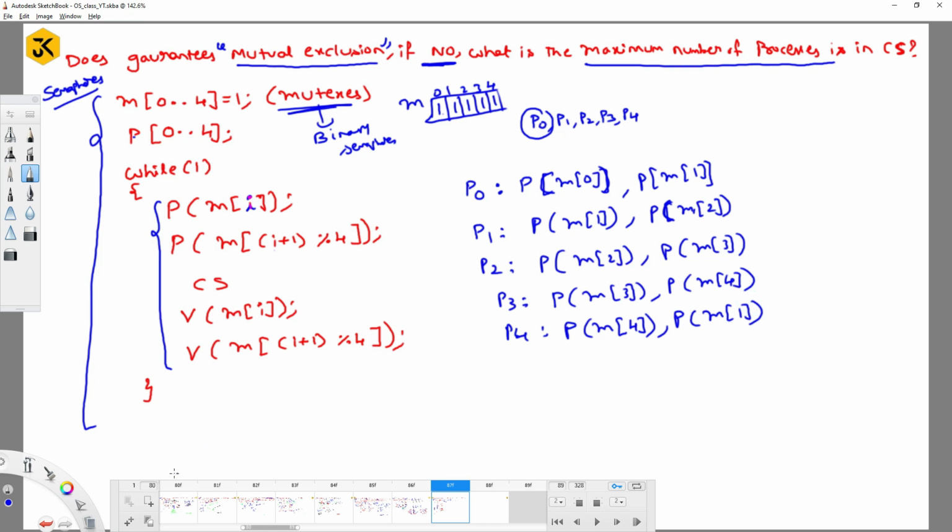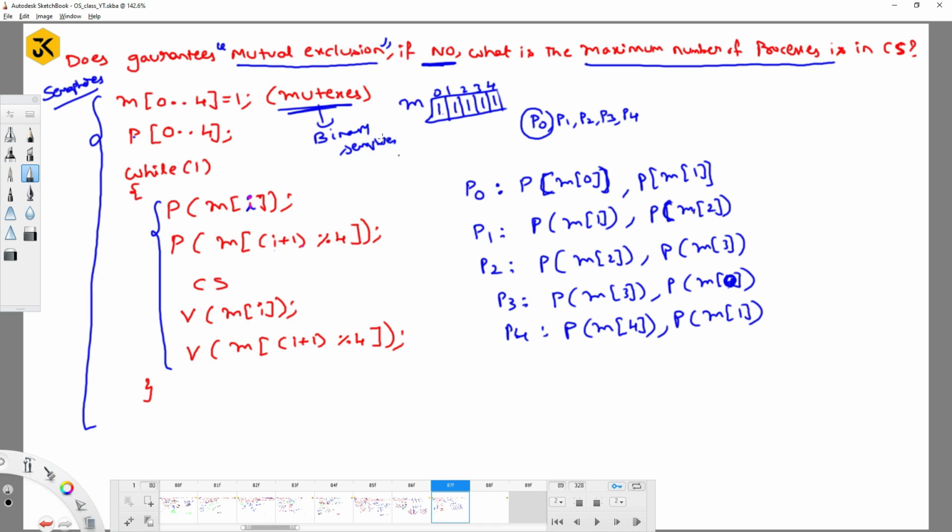Earlier for process P3, 3 plus 1 modulus 4, that is 4 modulus 4, will be 0. So this is the way your processes are going to be executed.